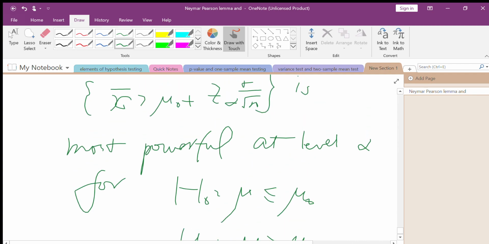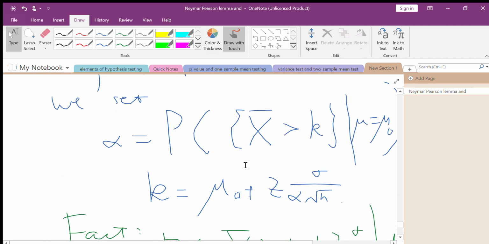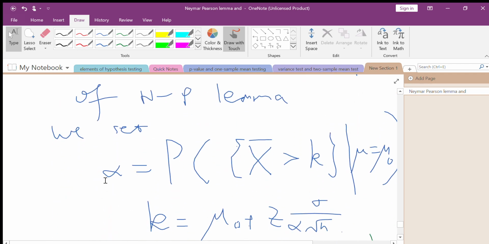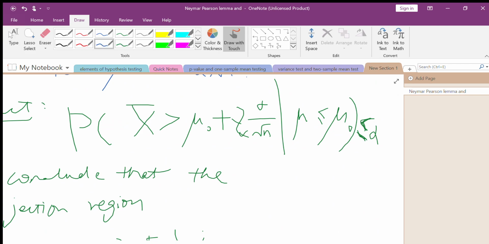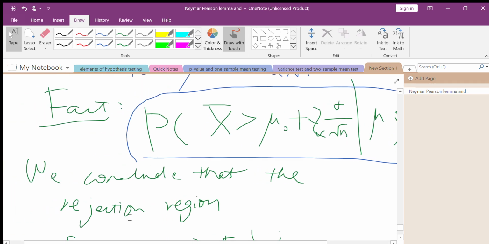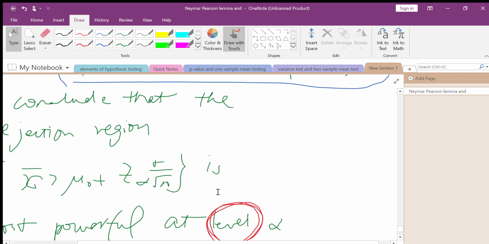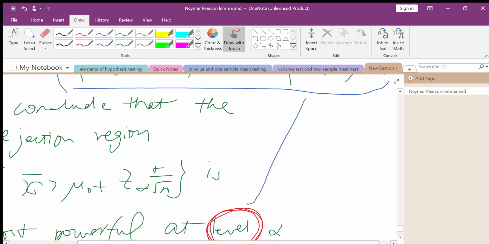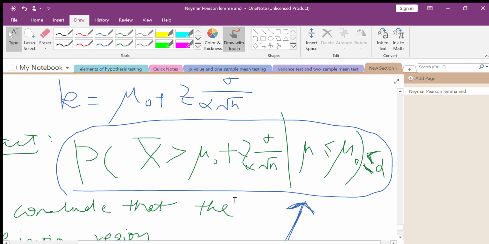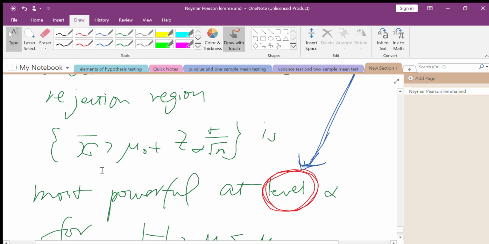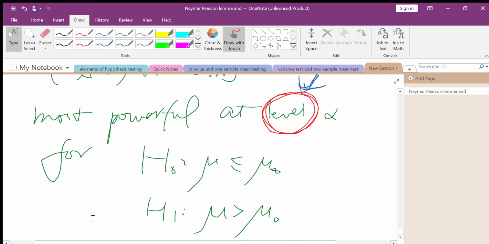So here we add one more word, level, because for Neyman-Pearson lemma we just set equal to alpha, but here this fact states that this probability is less or equal than alpha. So this terminology corresponds to this fact. It is still most powerful at level alpha for this single-sided testing.